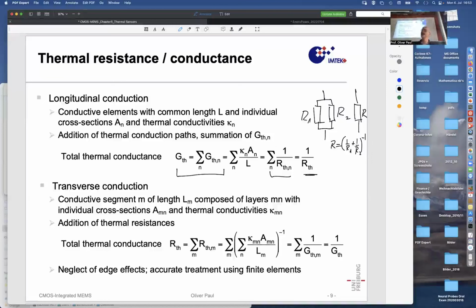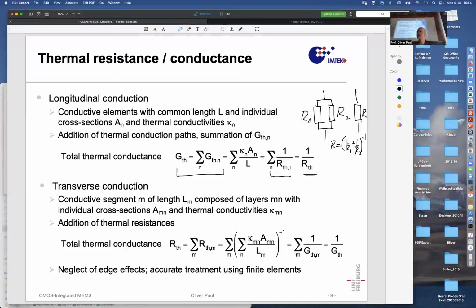And in mechanical engineering, these things also exist. If you have mechanically elastic structures joined together, the elastic constants add up. But if they are in series, you cannot just add up the elastic coefficients of these structures.